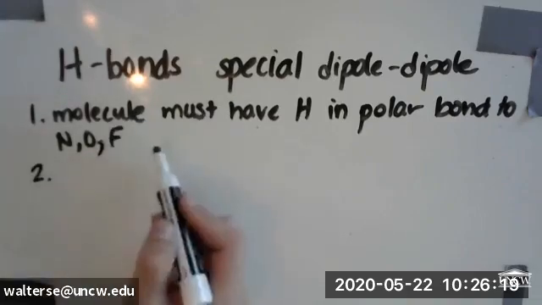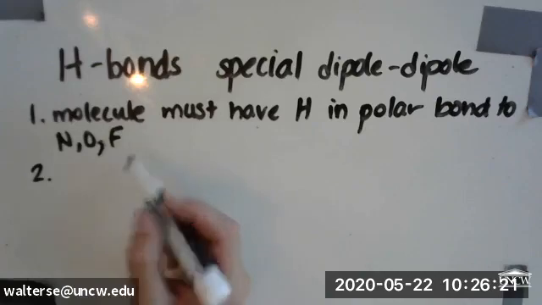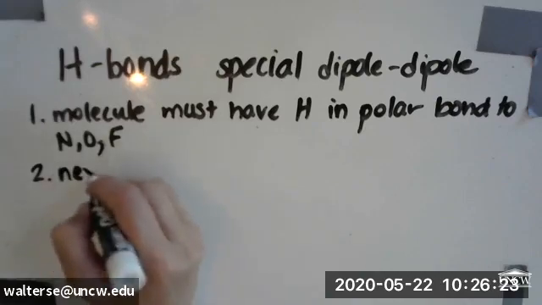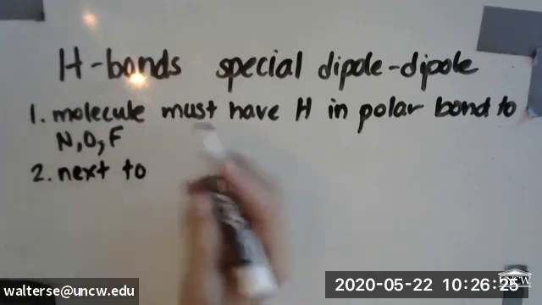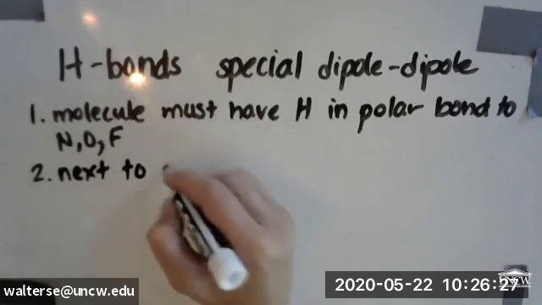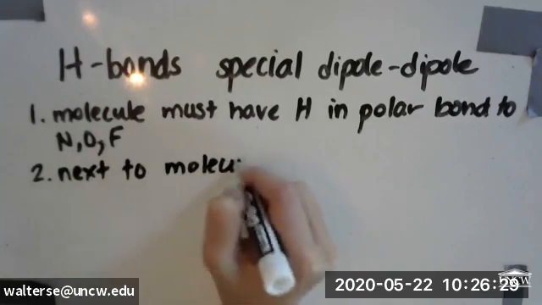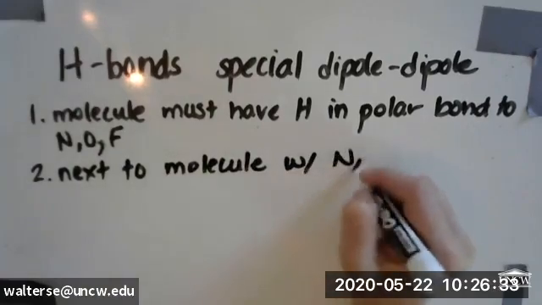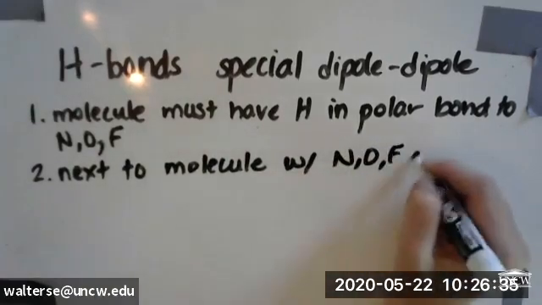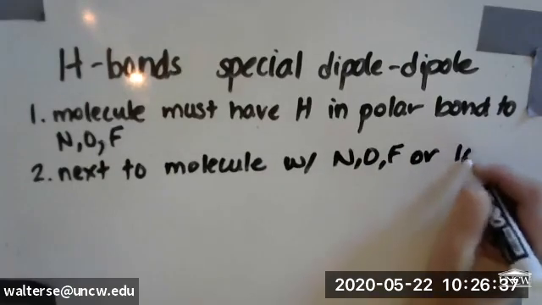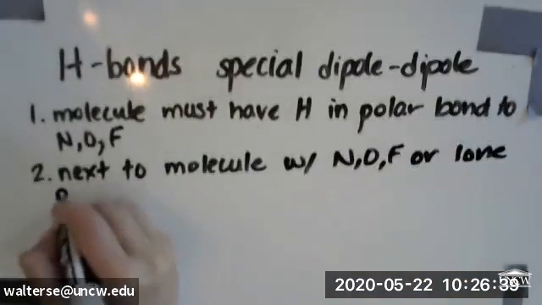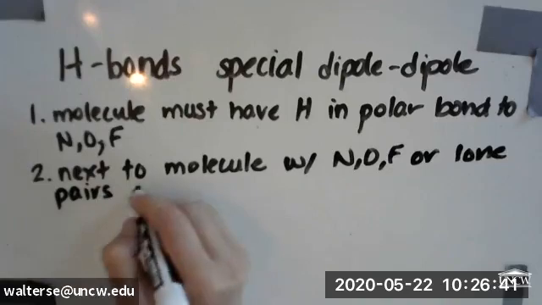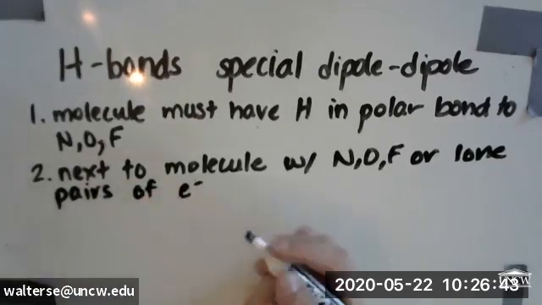This molecule that has the hydrogen in the very polar bond has to be next to a molecule that either has a nitrogen, oxygen, or fluorine, or has an element that has lone pairs of electrons.